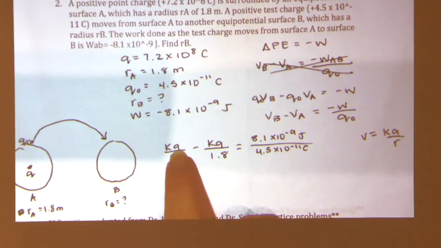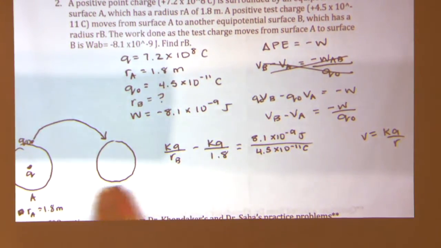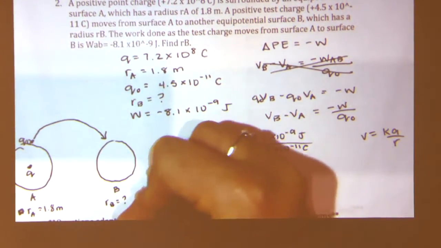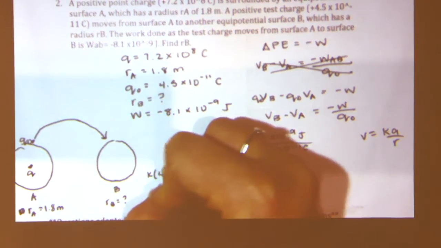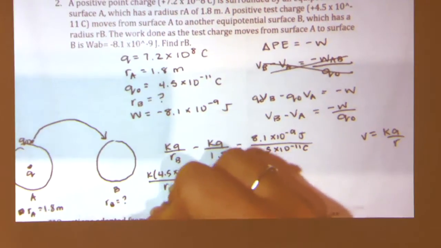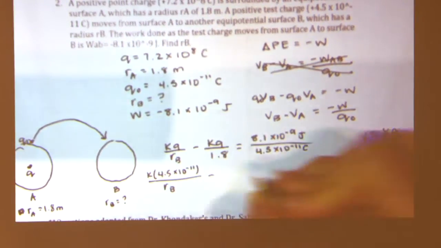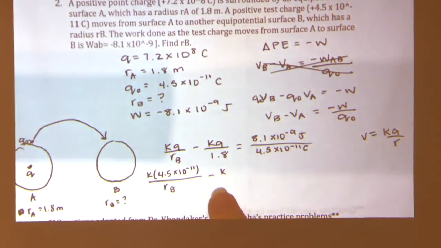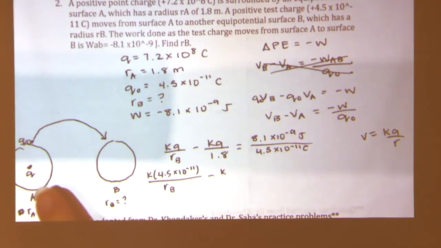For Q of RB, we're going to use the test charge Q naught because that's the only charge that's happening at RB. So I'm just going to plug that in. 4.5 times 10 to the negative 11 over RB is what we're solving for. And then for RA, we're going to actually use the point charge because we need to accommodate for this point charge that's happening.